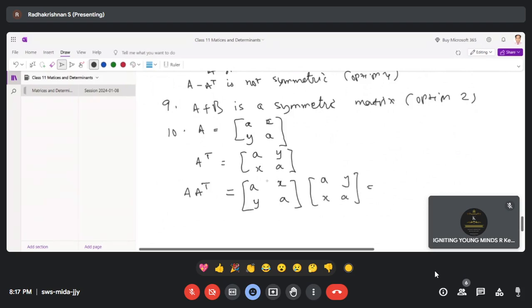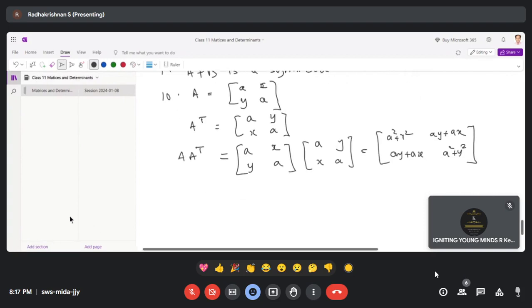So this is going to be a square plus x square, ay plus ax, ay plus ax, a square plus y square. And now we have to find out the determinant of this.